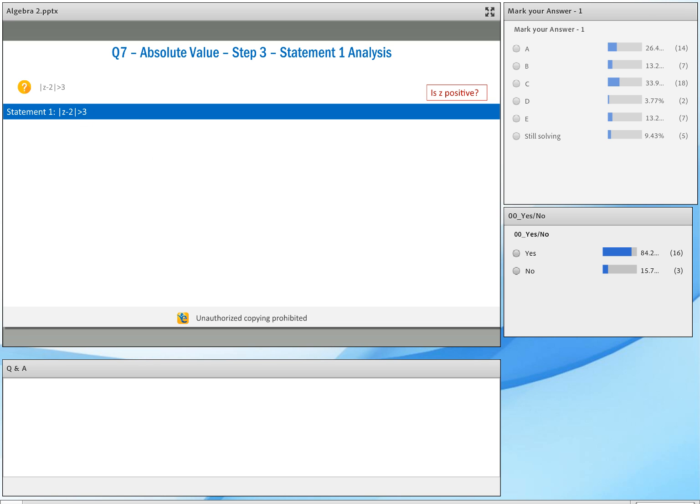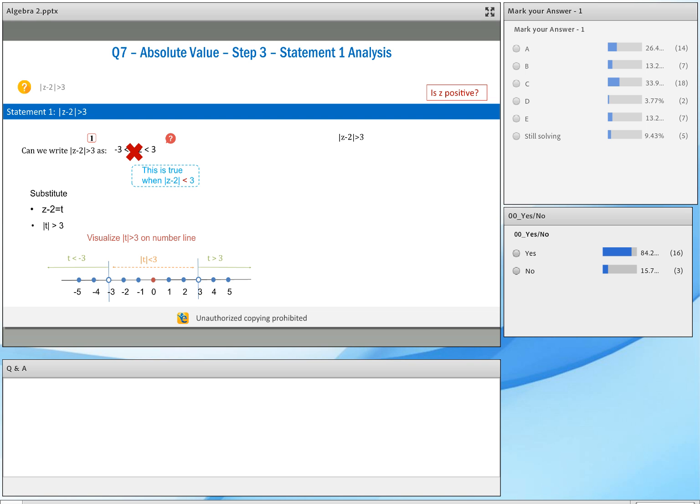Now, let's look at statement number 1. Statement 1 tells us that mod of Z minus 2 is greater than 3. In order to identify this, I'm going to show you this method.